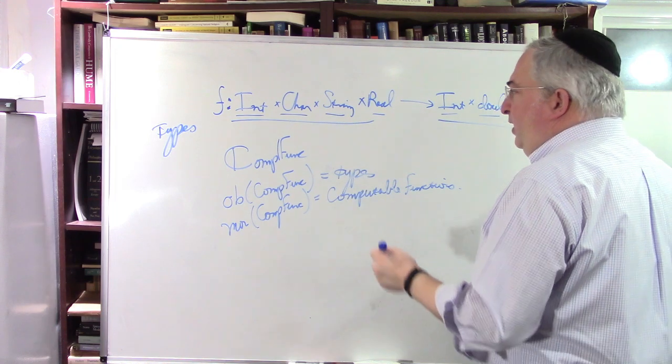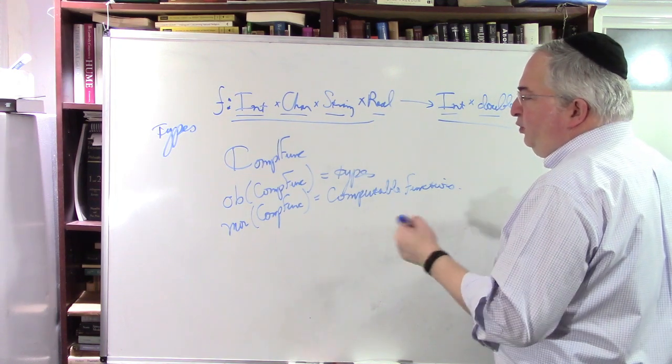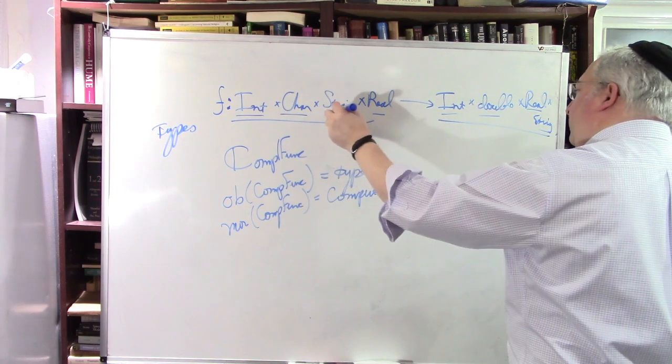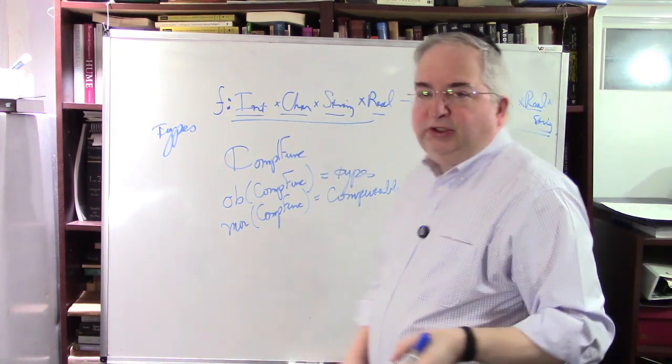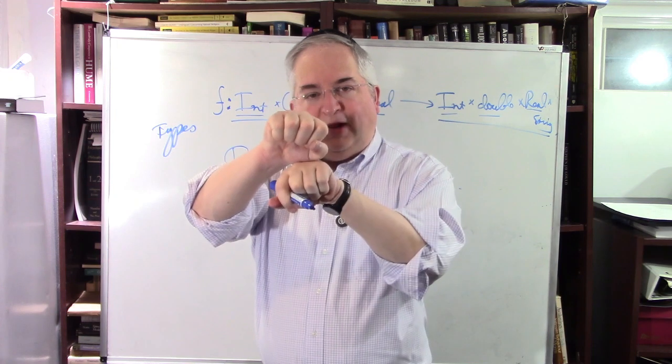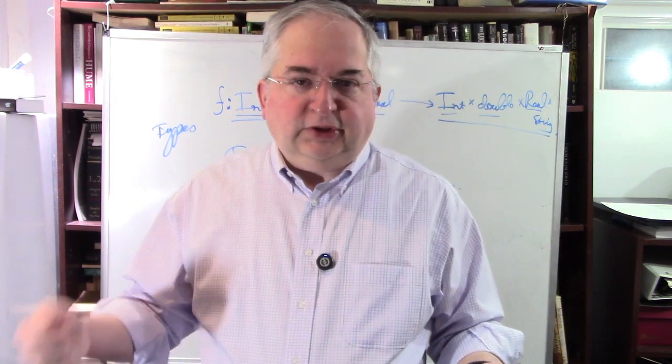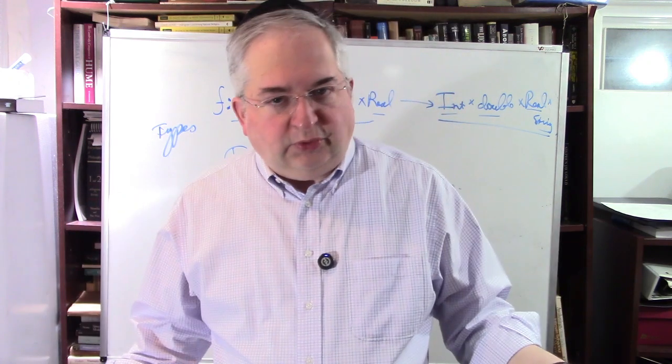Now let's go through some quick things. First of all, you can compose computable functions. You just take one program and follow it by another program. That's a composition of computable functions. The composition is associative.